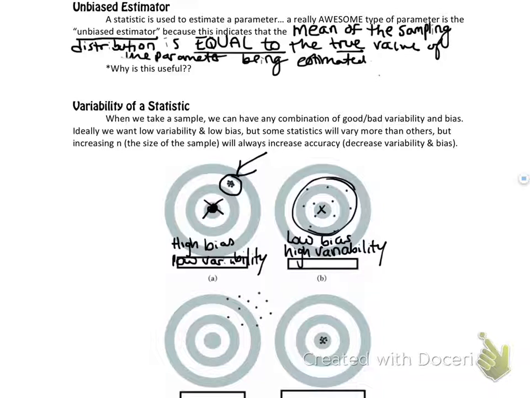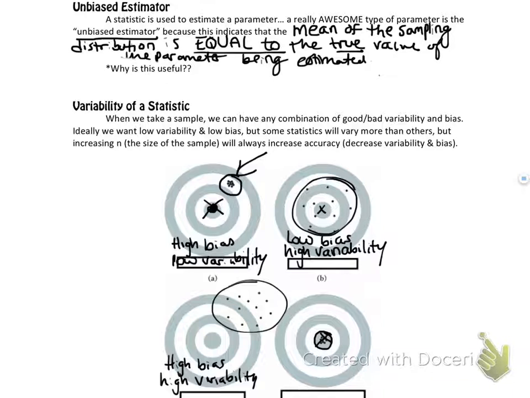A really awful scenario is if you have a lot of bias and a lot of variability. Your sample's just way off and it's not going to be useful at all. And then last but not least, you have the ideal situation where your sample is pretty much right on target.